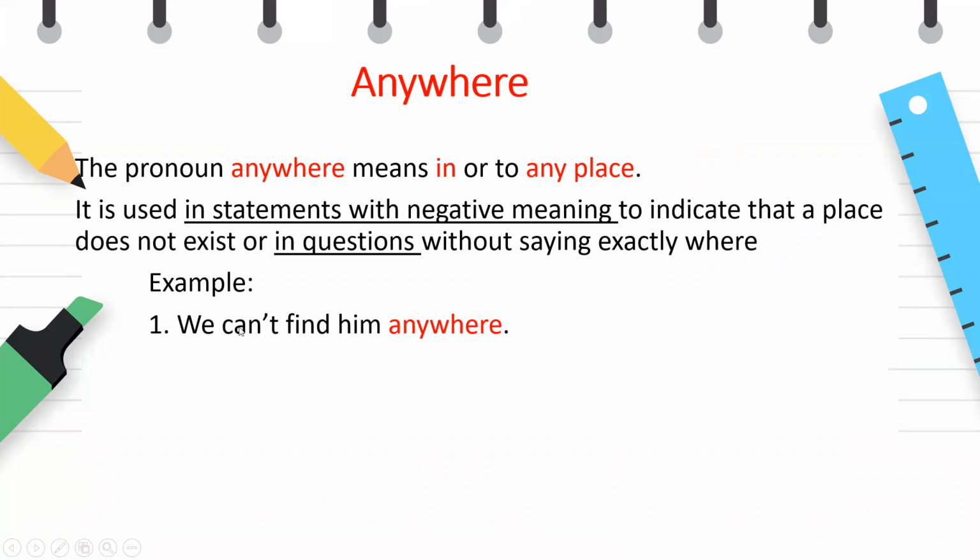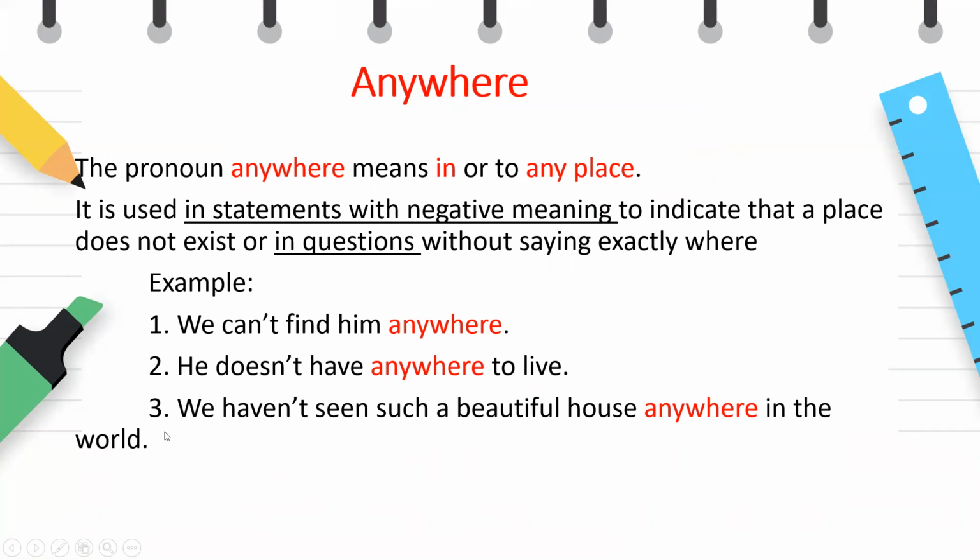Number 1, we can't find him anywhere. Number 2, he doesn't have anywhere to live. Number 3, we haven't seen such a beautiful house anywhere in the world. And number 4, did you try to get help from anywhere?